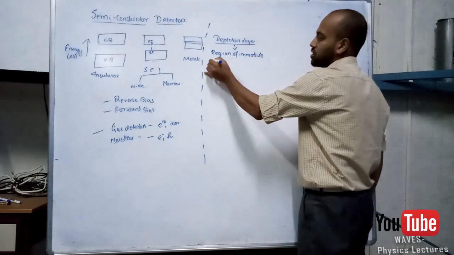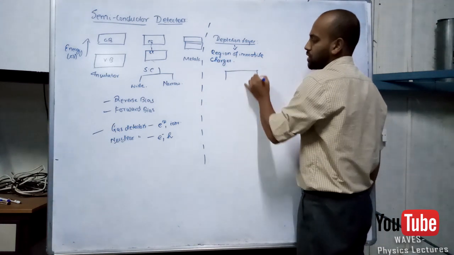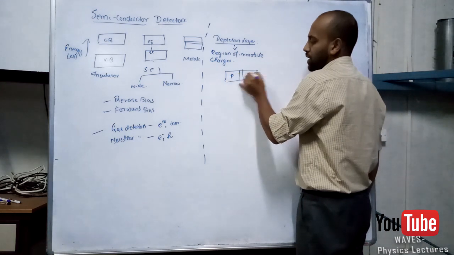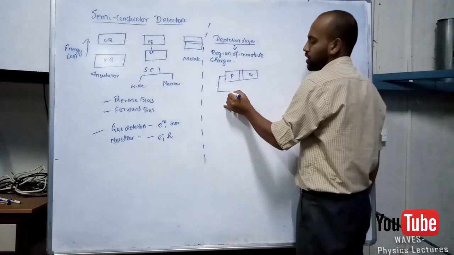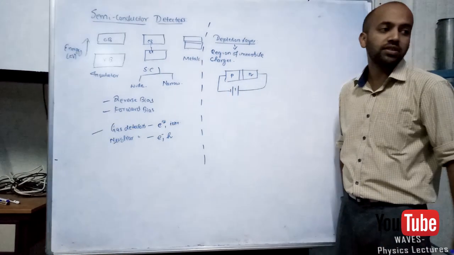If you consider a semiconductor with a p type and an n type, how do we connect it in reverse bias? This is negative and this is positive. So this is a reverse bias condition, right?